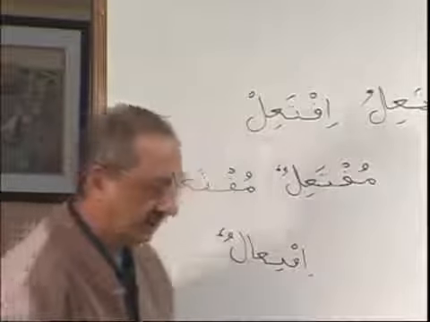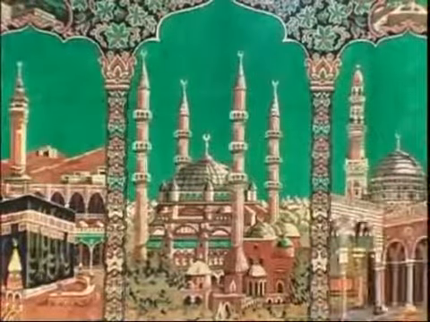Fine, brothers and sisters. Are you all on page number 197 in book 3, brothers and sisters? I'm taking the help of the book now because so many things are changing in this. So we have to now go to page number 197 in book 3. What is the first verb, brothers and sisters? Intazara. What is it? Intazara. What is the root?